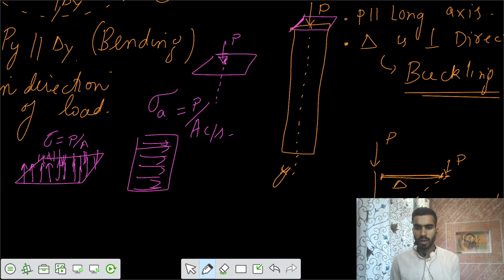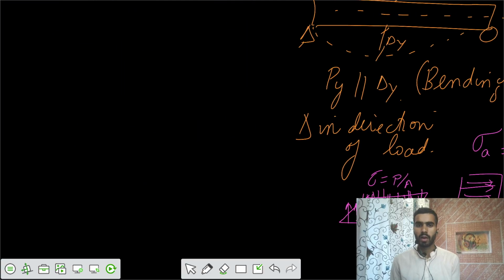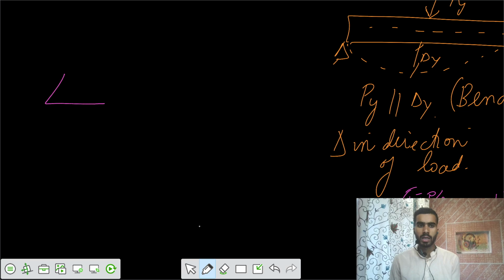Now, this is not possible every time. When you design a column, there might be some eccentricity of the load. Let's say this is your centroid, and the load is not purely on the centroid. The load is somewhere in one of the quadrants, at some eccentricity. Because of that, there would be development of moments about these two axes.